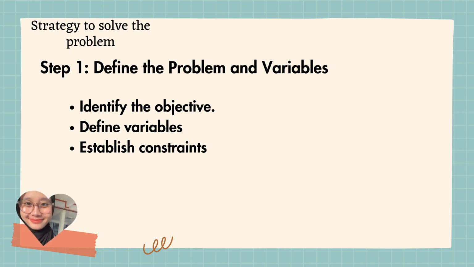Identify all relevant variables and parameters involved in the problem. For example, if maximizing profit, variables might include the number of units produced or sold. Lastly, you have to establish constraints. Note any constraints or limitations, such as limited resource or budget.